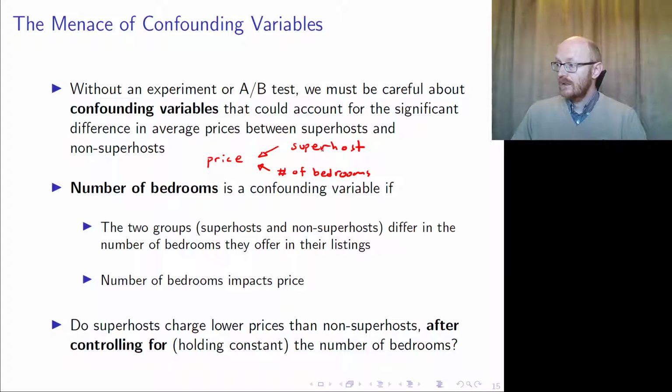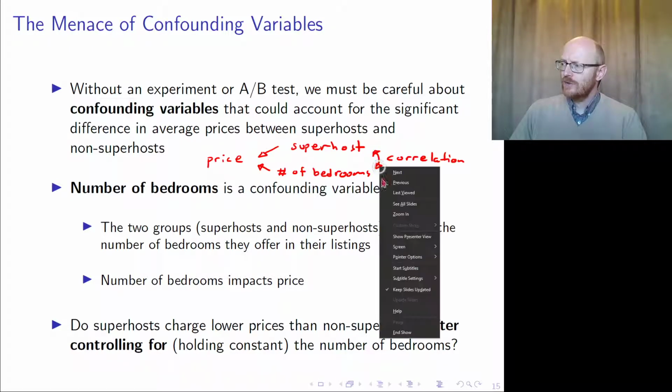But if you have a correlation between bedrooms and price, and a difference in bedrooms between the groups, then the number of bedrooms would be a confounding variable.